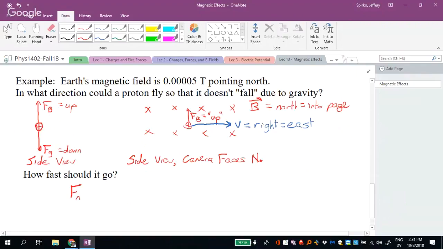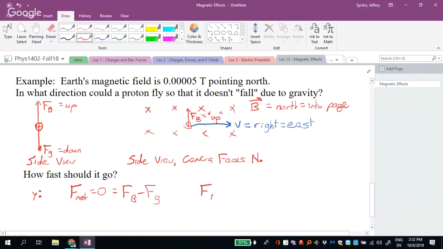we want F net equals 0, which is FB minus FG. So we'll take Y components of forces, and the magnetic force is up because gravity is down, and we want them to add up to 0.